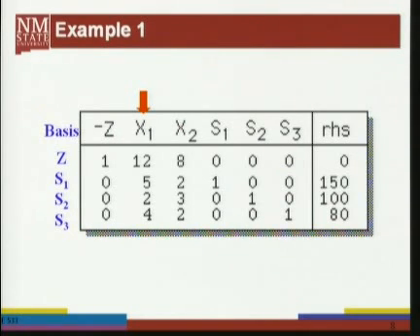And after you select the entering variable, the next step is to select the leaving variable by performing the minimum ratio test, right?